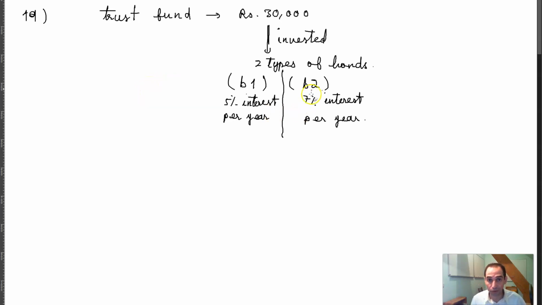So now what we want to do is use matrix multiplication and determine how to divide this amount of money between these two bonds in such a way that at the end of the 1 year period, we will have 1800 rupees in profits.